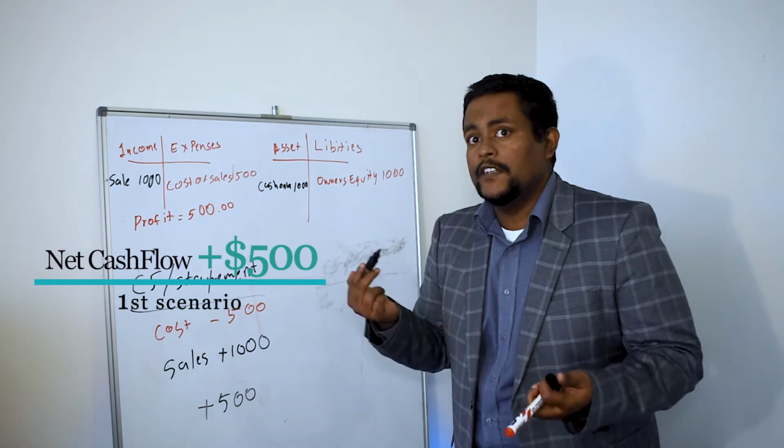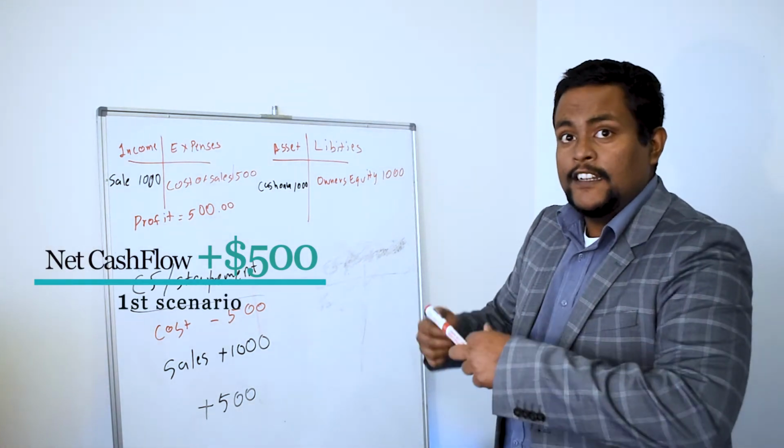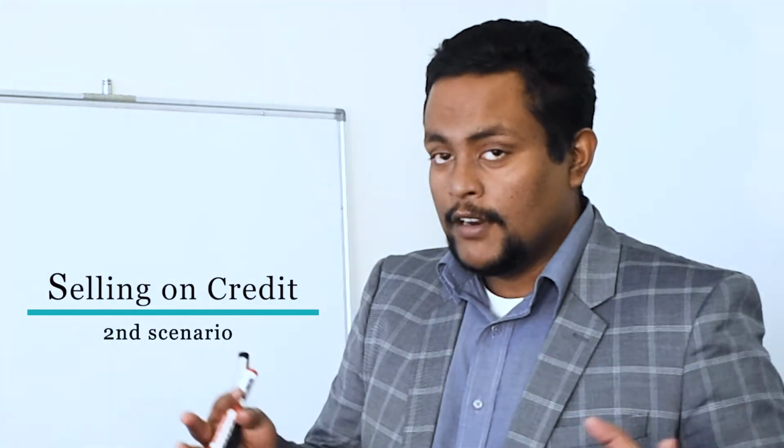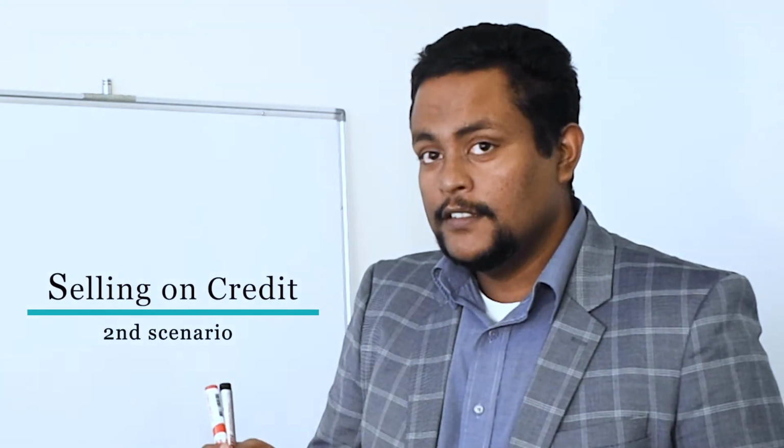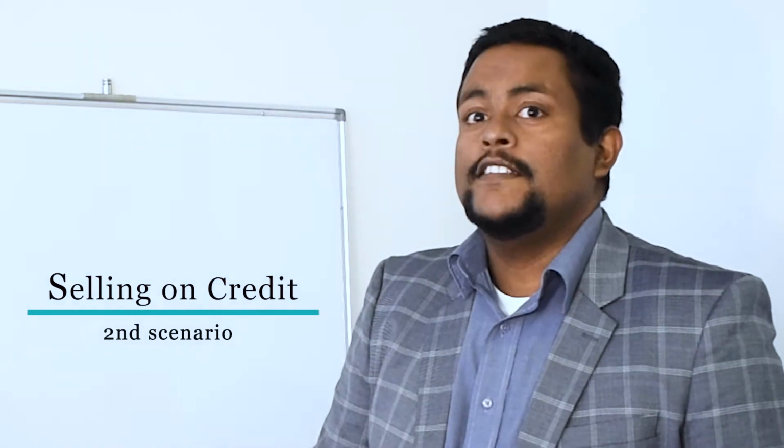So that's the first scenario. Let's do the second scenario. The second scenario is the same person is making the same number of products, at the rate of $5, 100 items, and he's selling all these items on credit. So we'll see how our numbers are going to change.